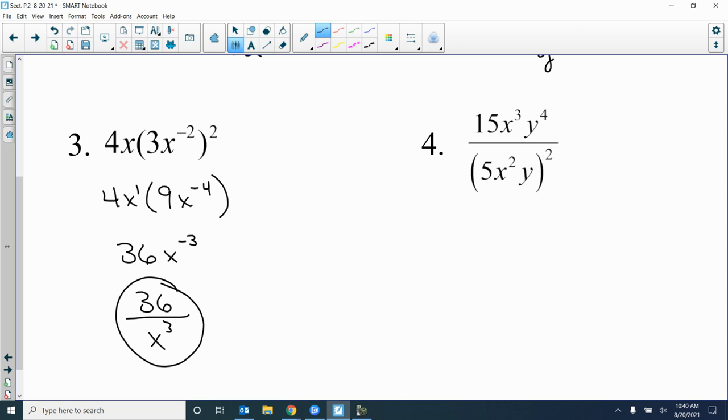All right, now number 4, same idea. You're going to have to take care of that exponent in the denominator before you can do any simplifying.